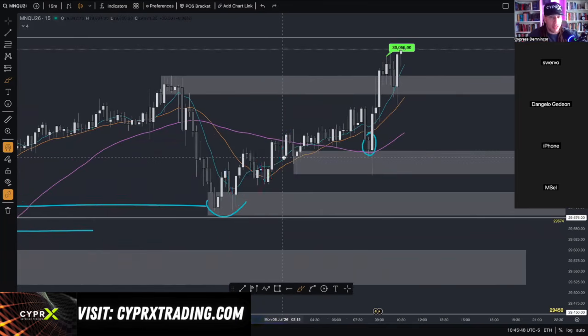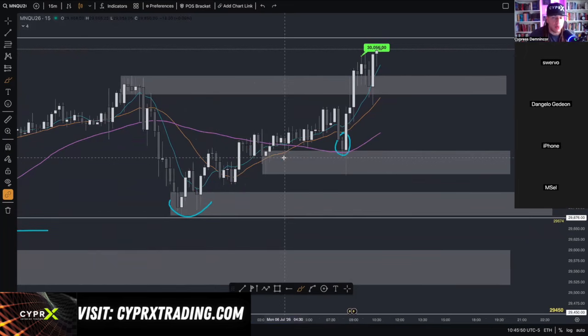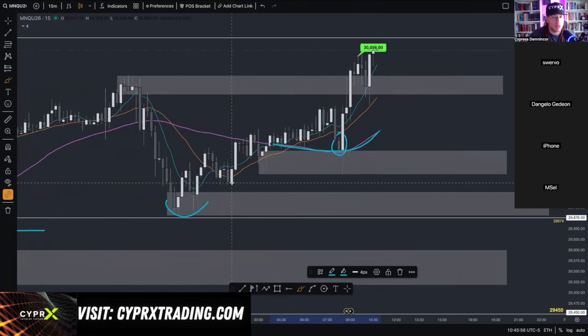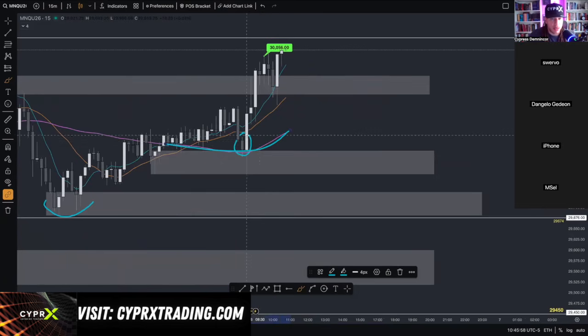On the 15-minute now, because remember on the hourly time frame, what were we trading above? We were trading above the triple EMA in between two dark pools. Now we can see on the 15-minute, prior to the session open at 8:30, where was price action? It was above not only previous areas of demand, not only above dark pools, but it was also above the EMAs.